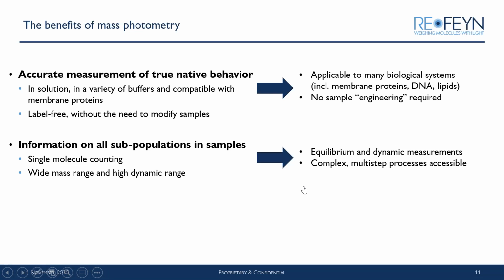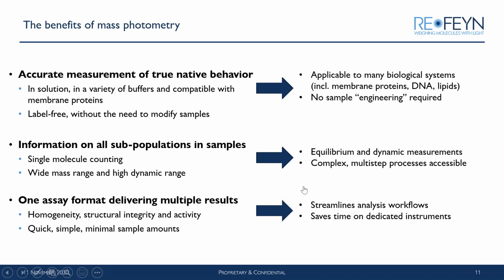Because it's a single molecule counting, you can get information on all subpopulations in the sample and also rare species. It can also provide you with wide mass range and high dynamic range. So you can get information about equilibrium and dynamic measurements, and also complex and multi-step processes are accessible.